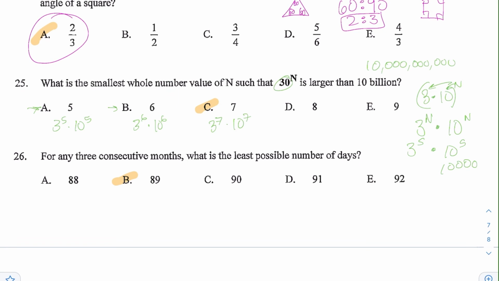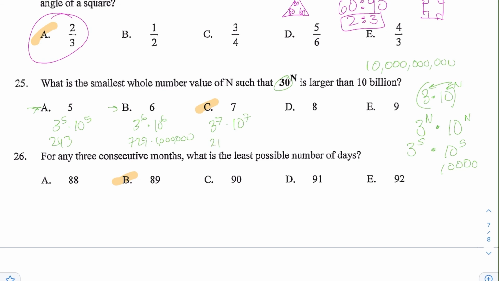So if you try 3 to the 5th, this will be 243, and when you multiply by another 3, that will be 729. That will be 729 million, which is a little closer, and we multiply by another 3.